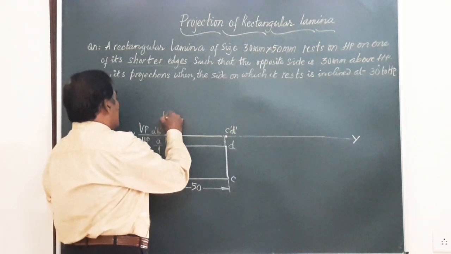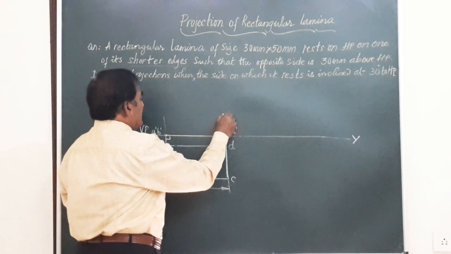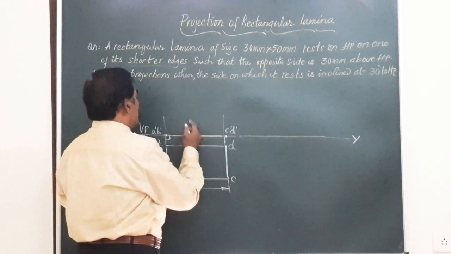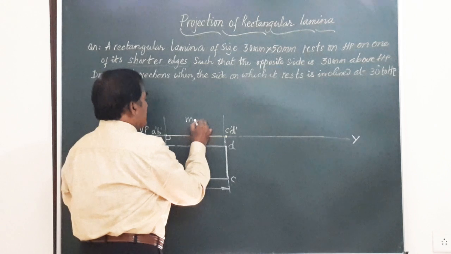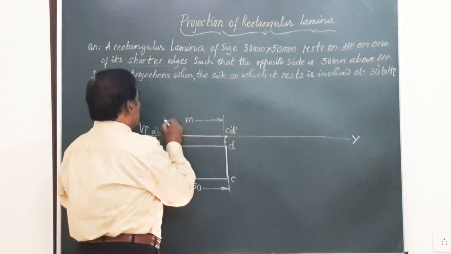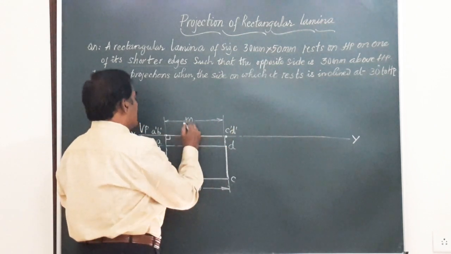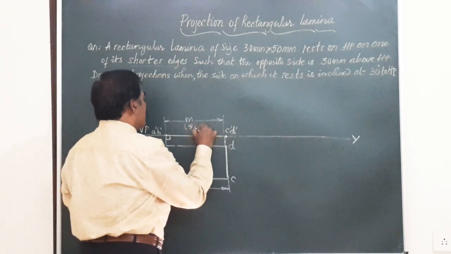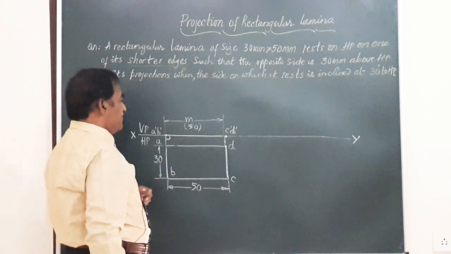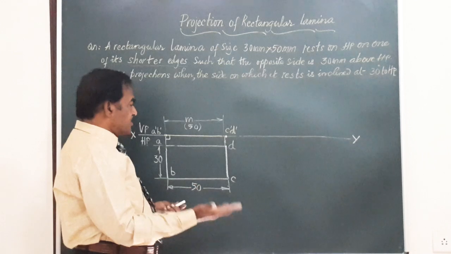We just mark the length of this as M. So this M is nothing but a dimension of 50 mm. That is our M.